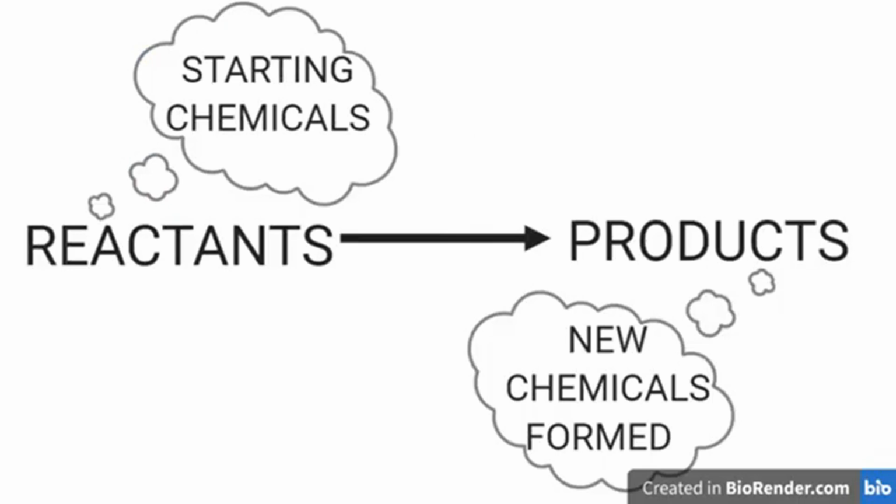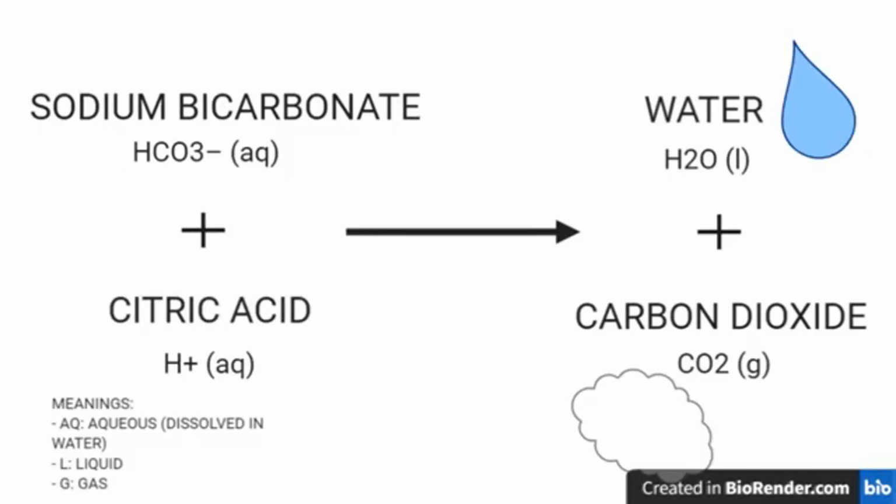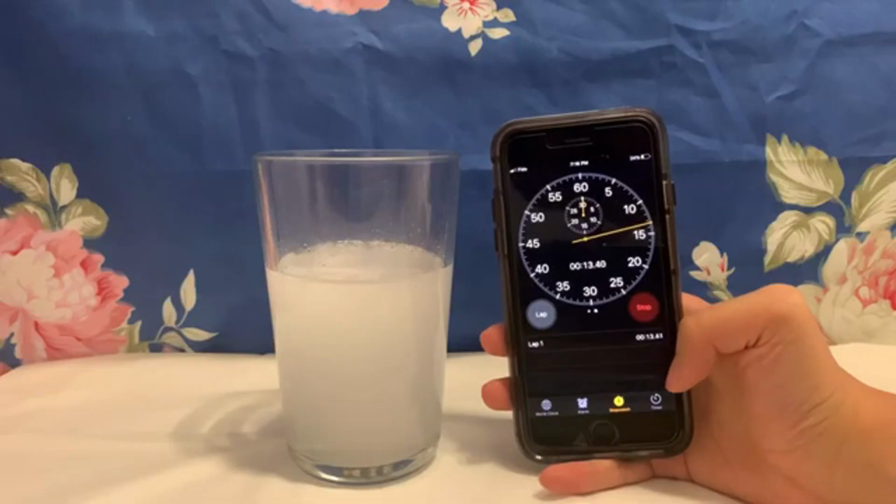In every chemical reaction, there are reactants and products. The reactants are the starting chemicals in the reaction, and the products are the chemicals that formed after the reaction. In our experiment, the reactants sodium bicarbonate and citric acid are combined to produce water and carbon dioxide. Let's go back to the topic of the Alka-Seltzer tablet's rate of reaction.